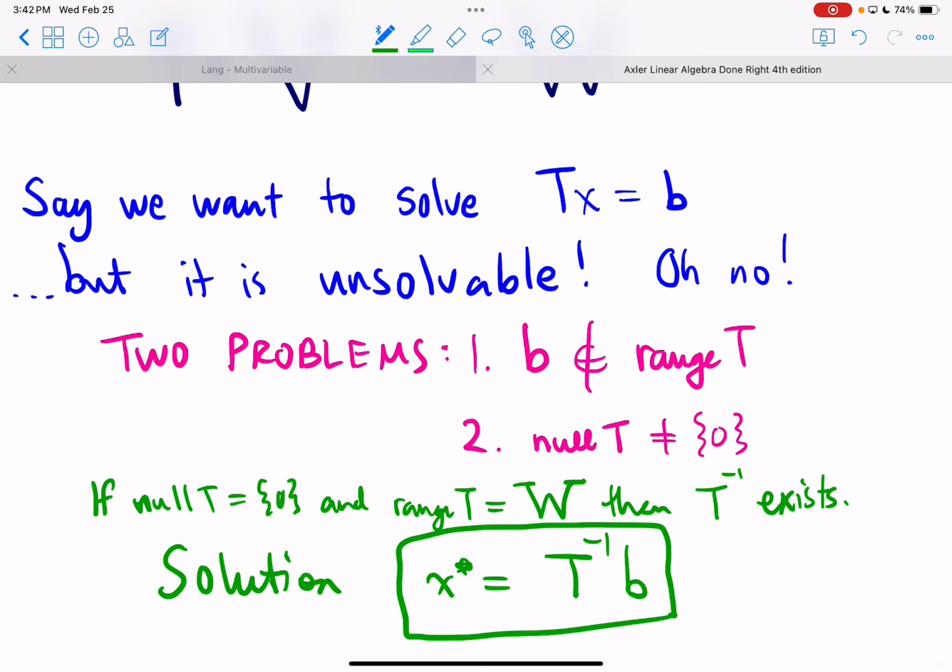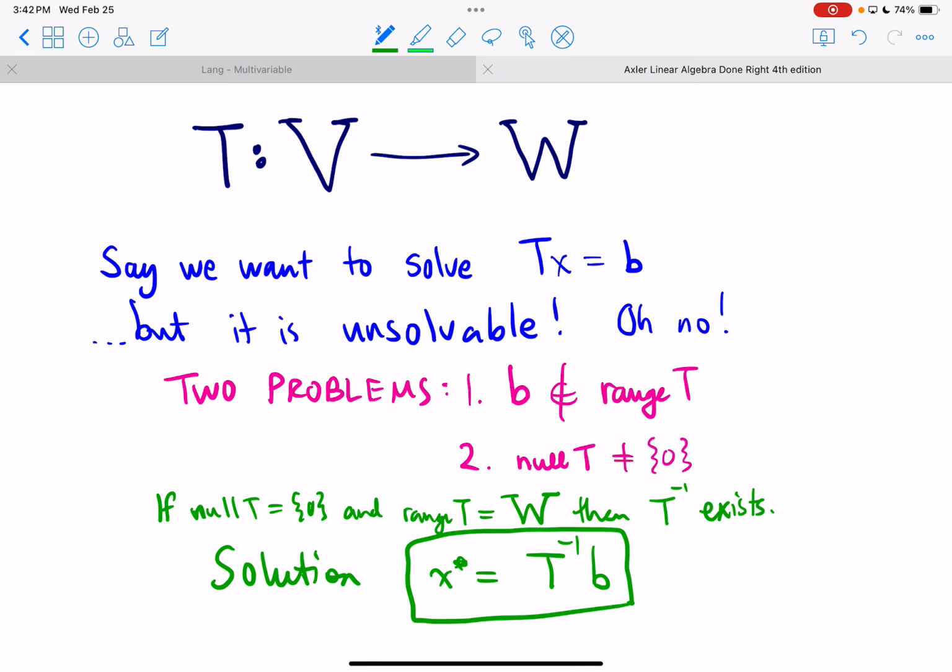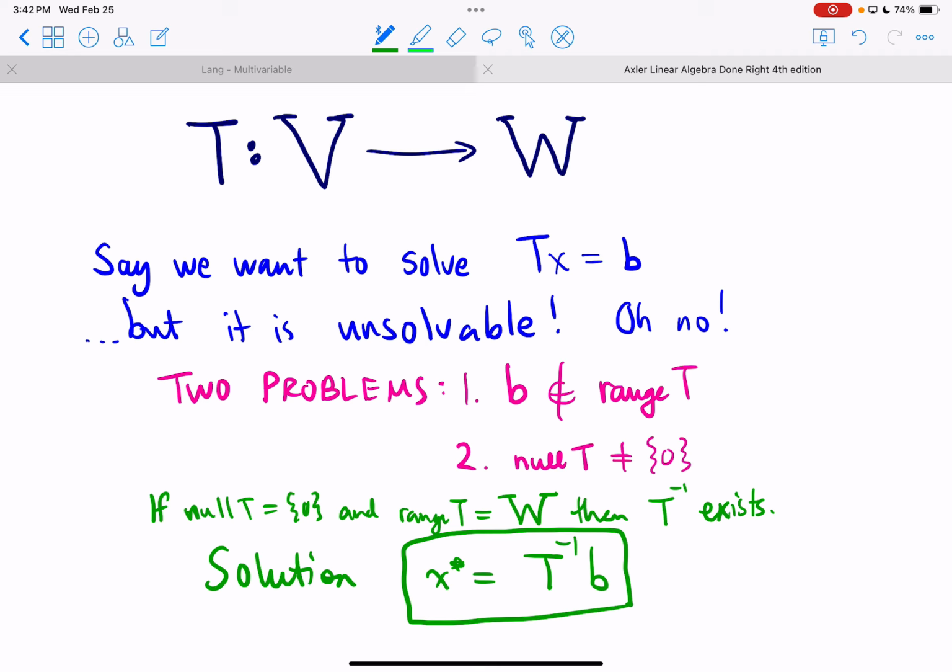Fair enough? Yeah, Andrew. So for this, would we say that B is in W or B isn't in W? B is in W. Otherwise, it doesn't make sense. Because T maps from V to W, so Tx, well, X has to be in V, otherwise Tx doesn't make sense.